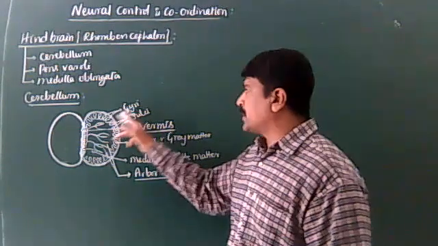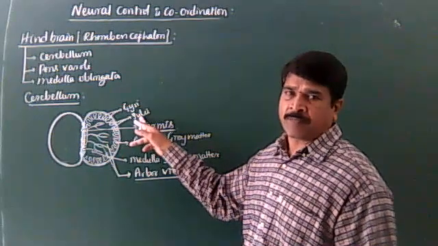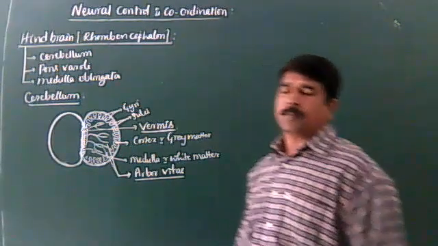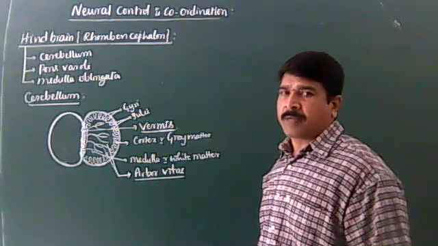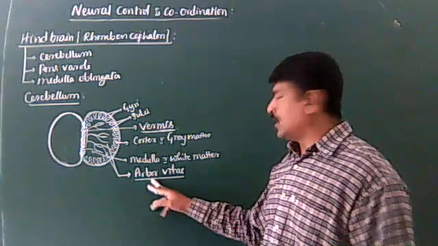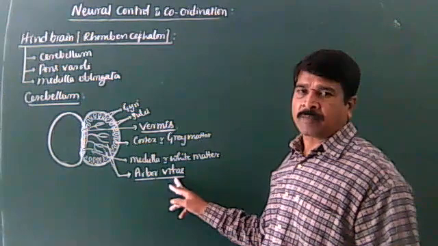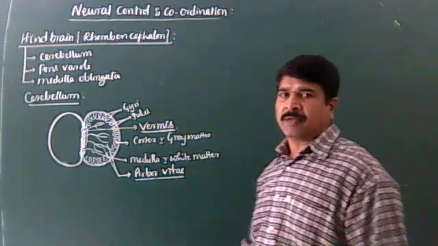The ridges of the gray matter are called gyri, separated by fissures called sulci. The inner white matter appears like a highly branched tree, called arborvitae. I think it is very clear for you. Yes, this much you should remember in the cerebellum.